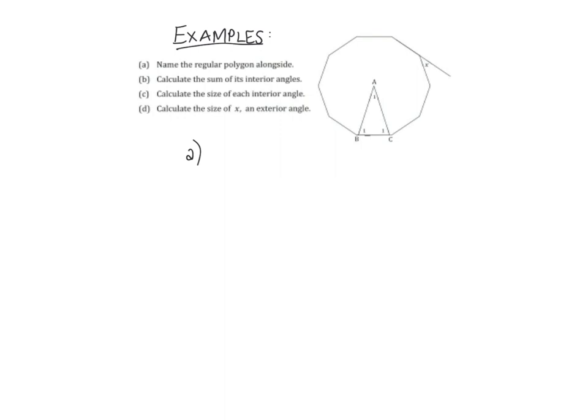A 10-sided polygon has a certain name. Decagon. A decagon is a 10-sided polygon. Okay. So this is specifically a regular decagon.